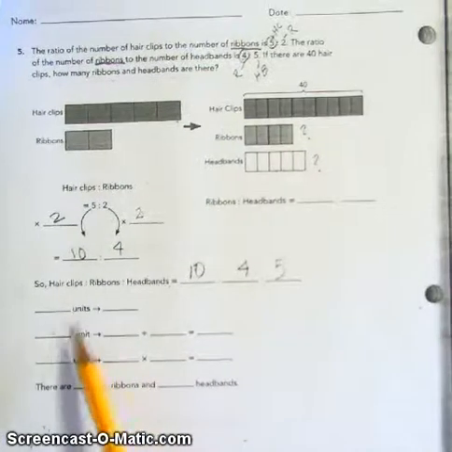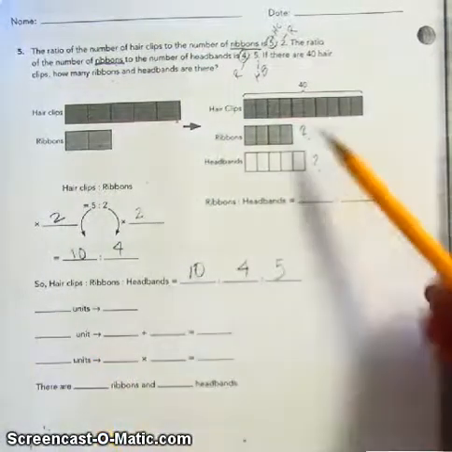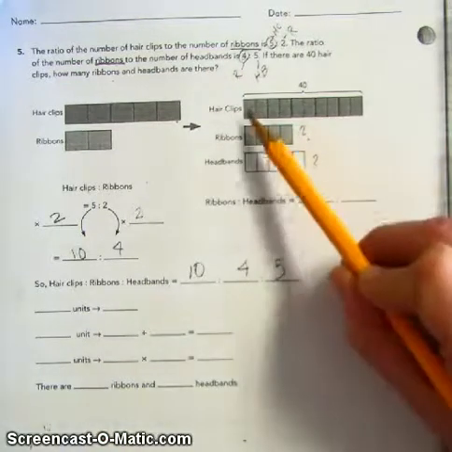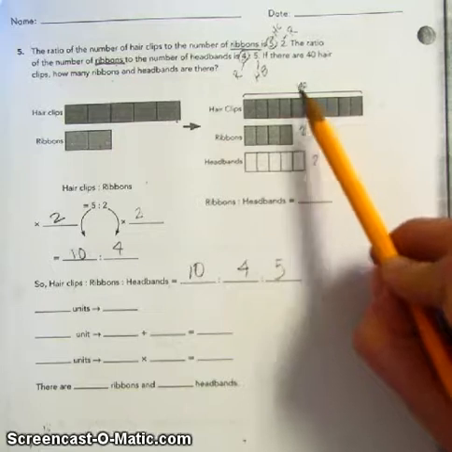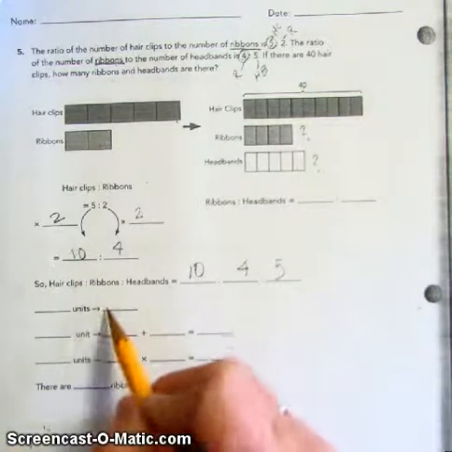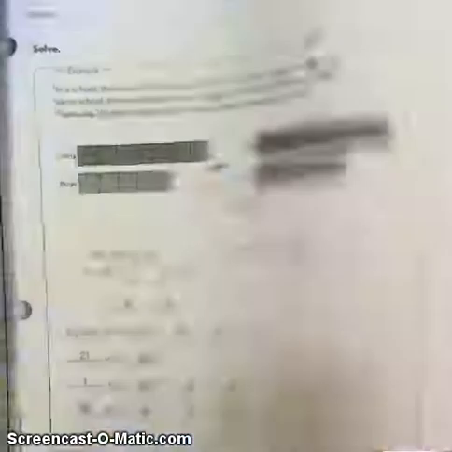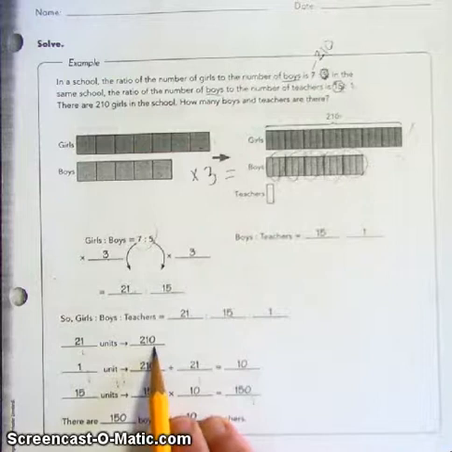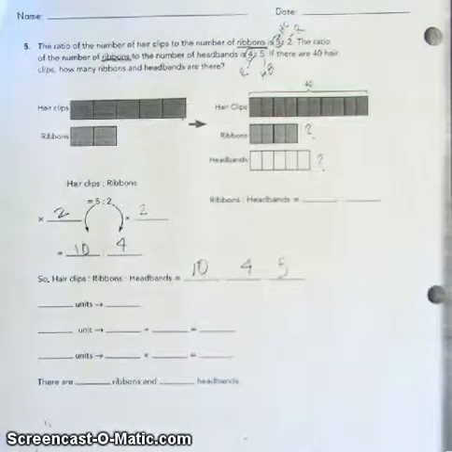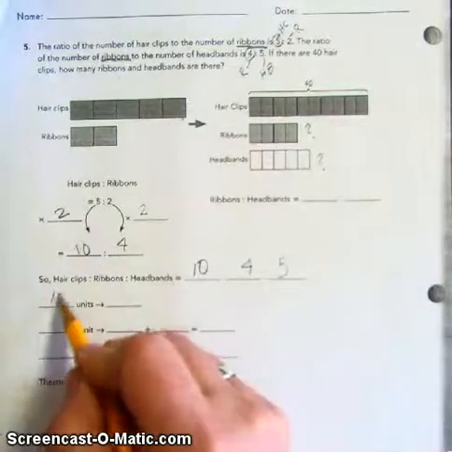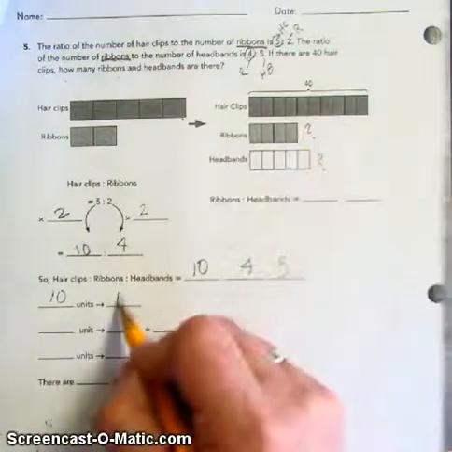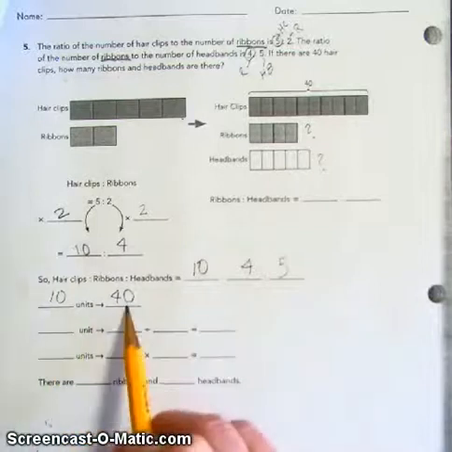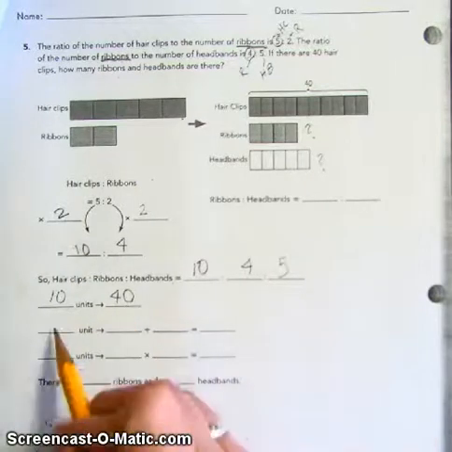Since all they want to know is our ribbons and our headbands, we'll go ahead and say if we have the information for our hair clips, we have 40 is the total, and so just like back here, 21 was our total, and the total amount was 210, so our total units is 10 for our hair clips, and the total number that would equal would be 40.